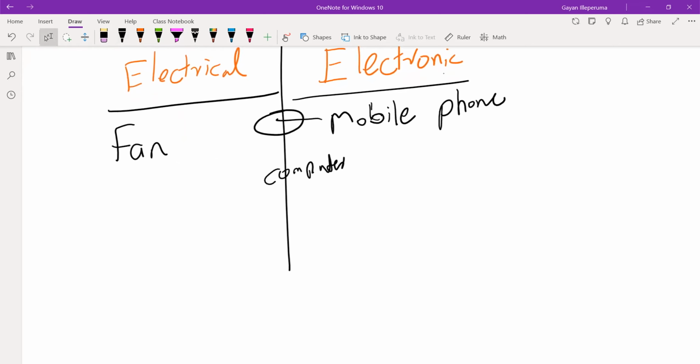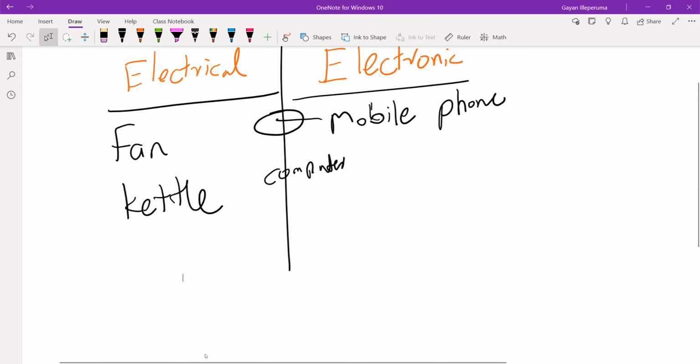Water heater. Do you call water heater an electronic device or electrical device? Electrical. Let's say electrical kettle. That will be easier. Kettle. Electrical. Kettle goes as an electrical device. What else can we have?